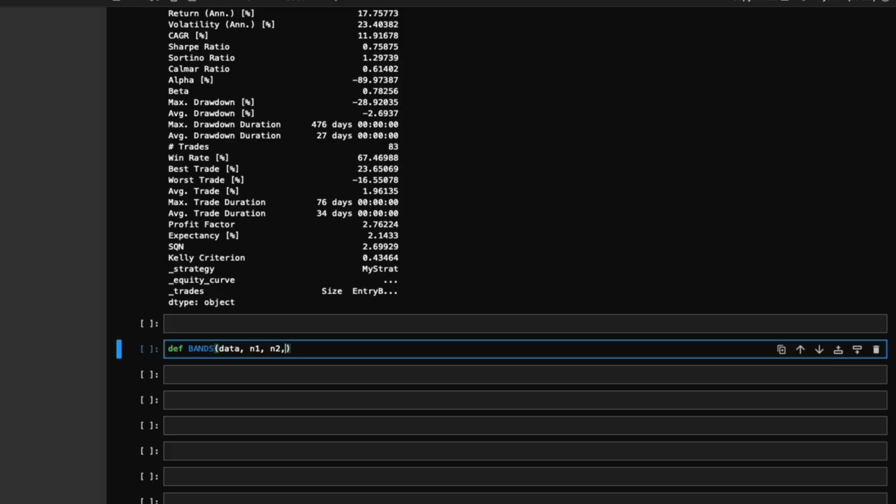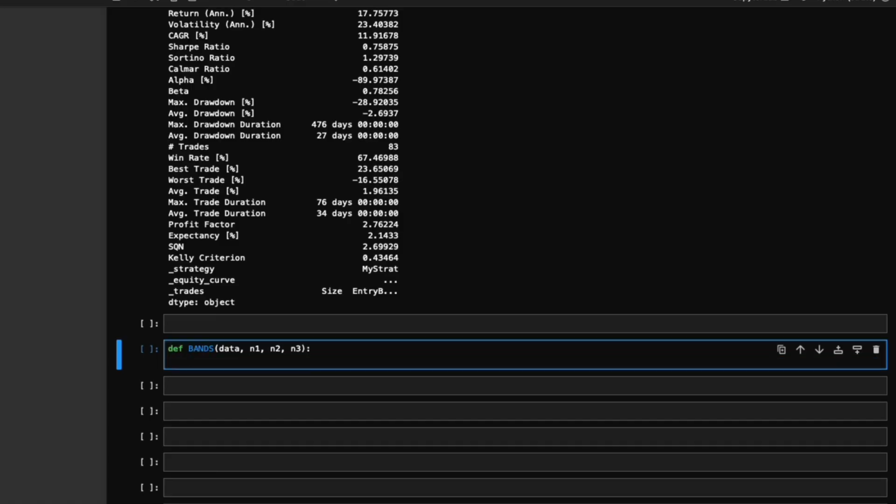That would be the average that you use to calculate the midline, and then the 2 standard deviations. You want to give yourself a bit of option, in that you could have Bollinger Bands with 3 standard deviations for the lower band and 2 standard deviations for the upper band, or vice versa.